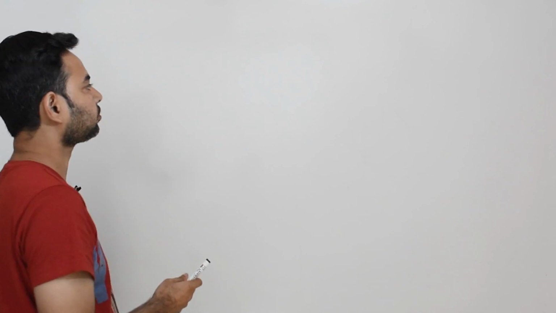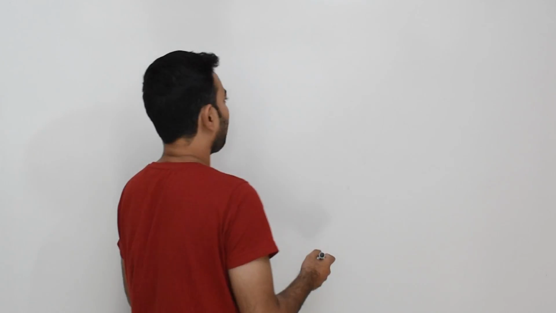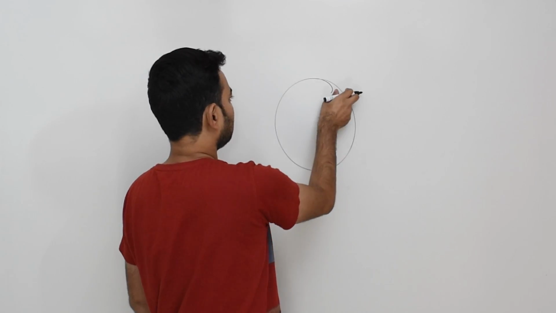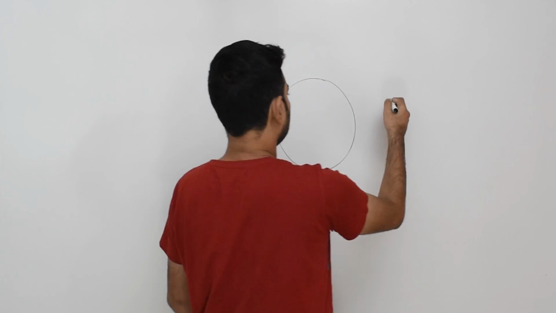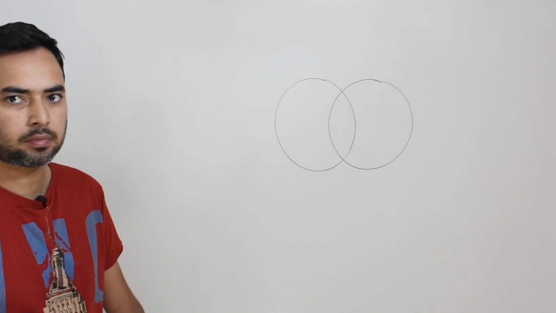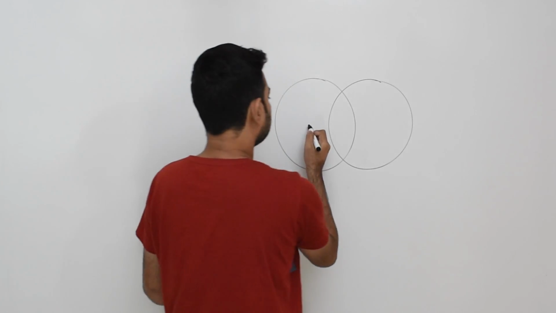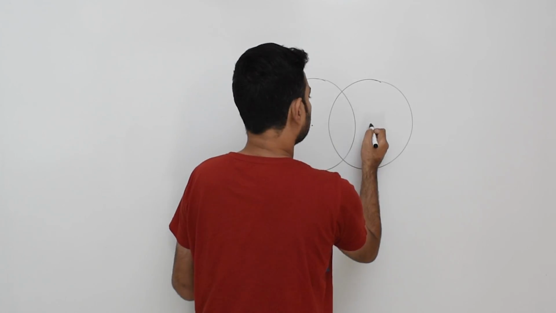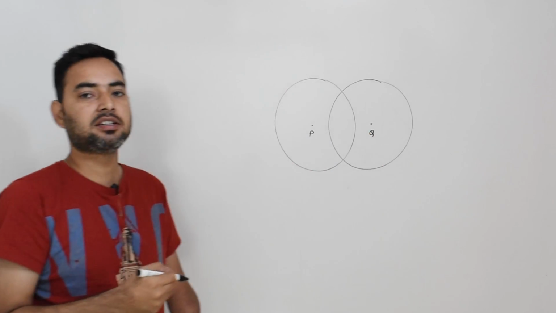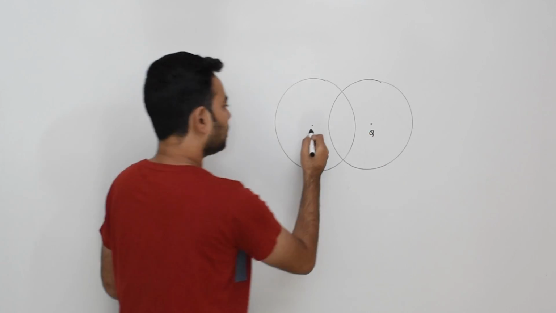Then another question of circles is, two circles are there, and P and Q are the centers of the two circles.